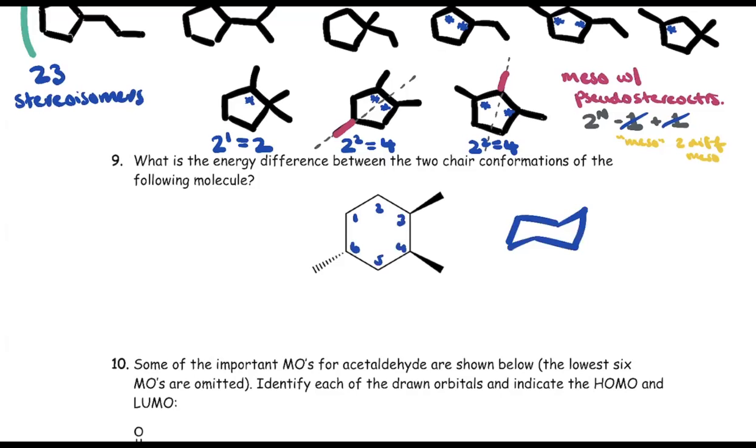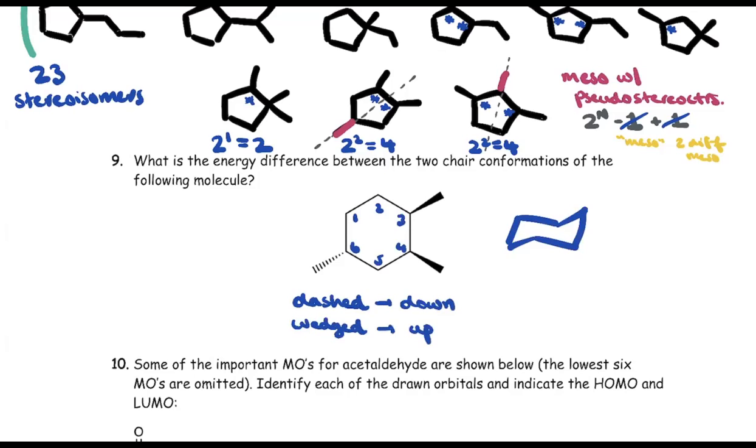Remember that my little rule is that if it's dashed, it's going to point down in the chair. And if it's wedged, it's going to point up in the chair.